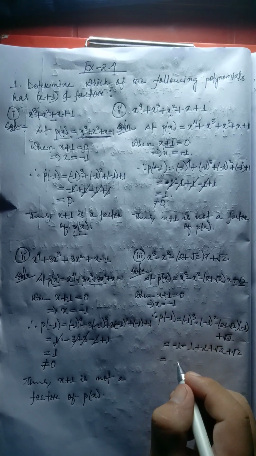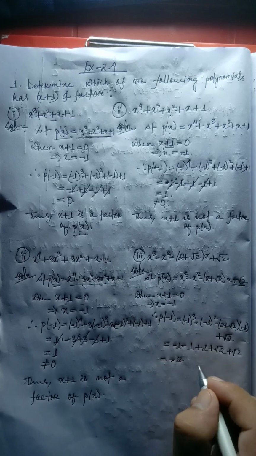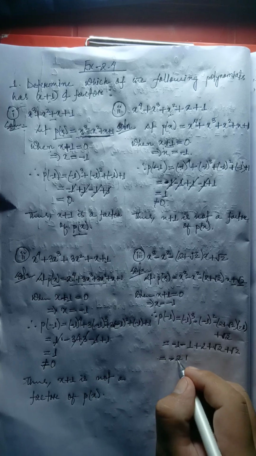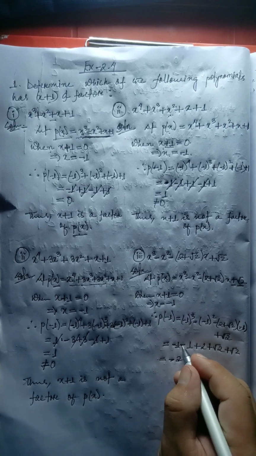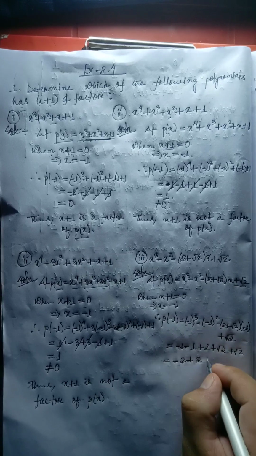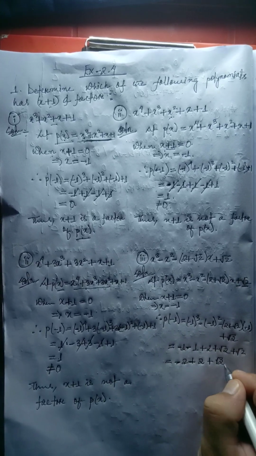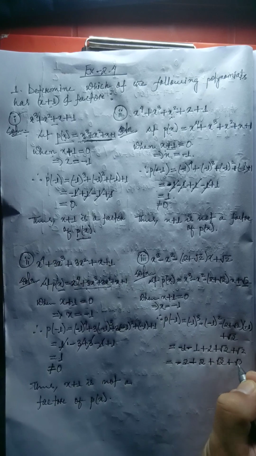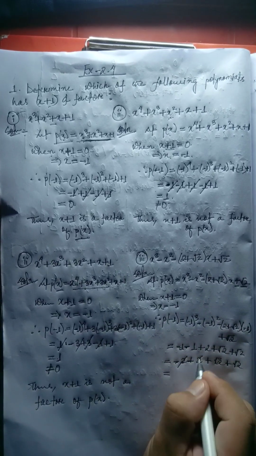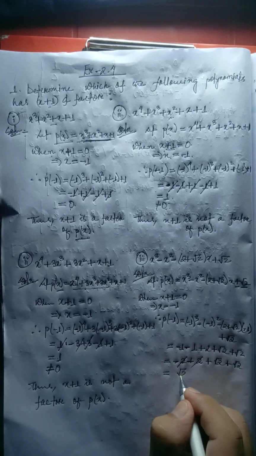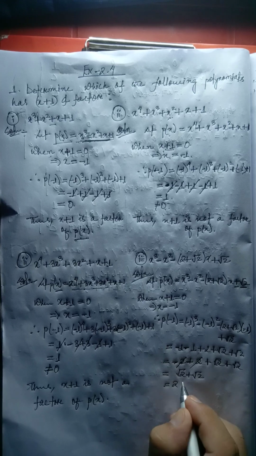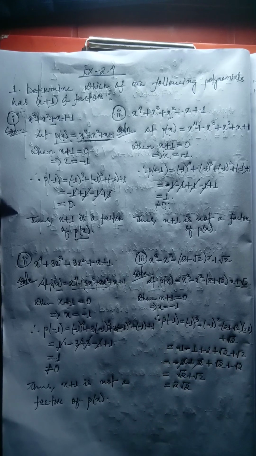Minus into minus is plus, 1 plus 1 is 2. And the sign that we are going to take is minus. Plus 2 root 2 plus 2. And after that, whatever you can cancel, cancel it, and then the last number here is root 2 plus root 2. So if you add these two, you get 2 root 2.